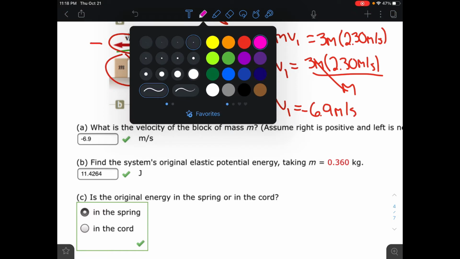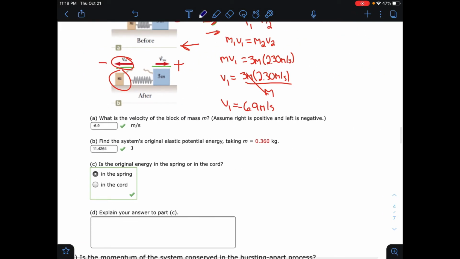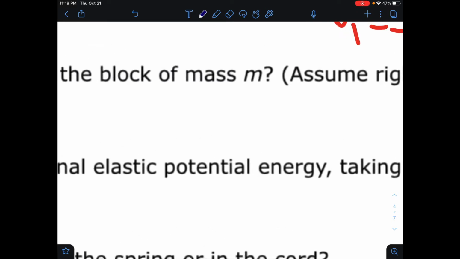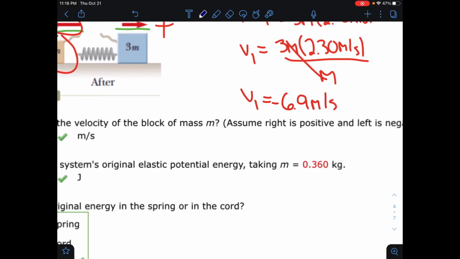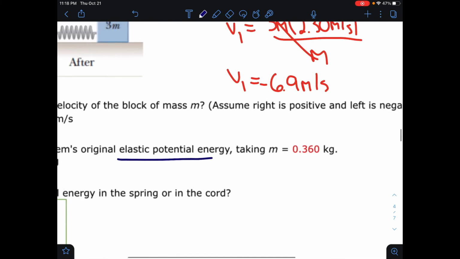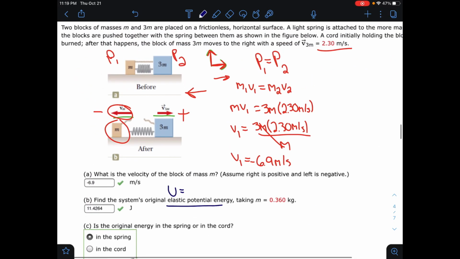Okay, this one is going to utilize elastic potential energy. So we have to use conservation of energy. We already know we have to find the elastic potential, so U is going to equal something. If we look at the movable parts, we have the spring, which is our potential, and then we have this box and this box.